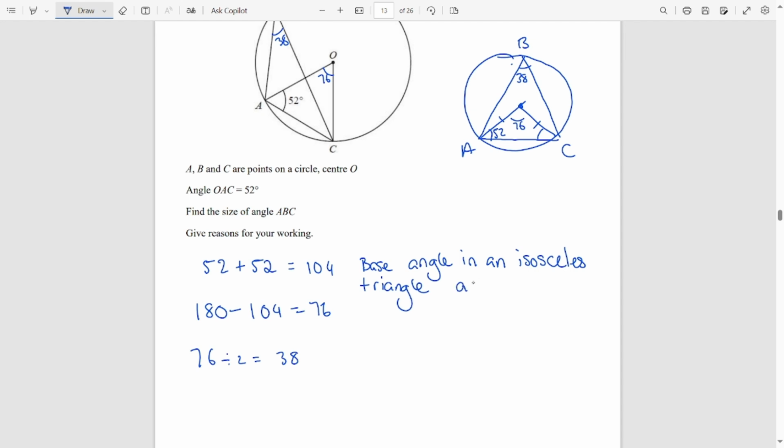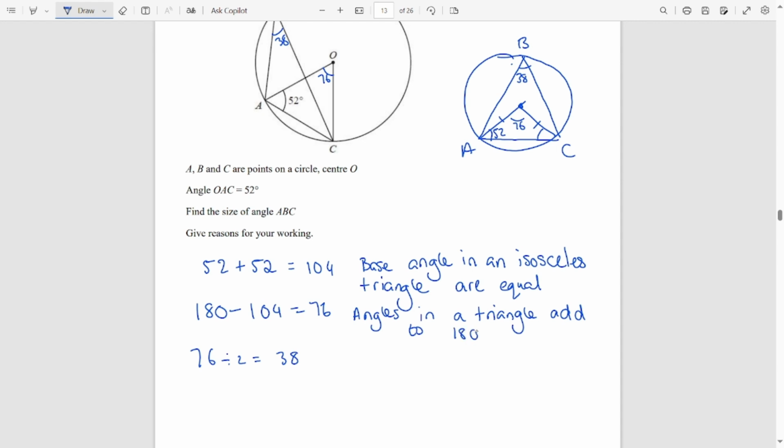Right, that's my first point. And then my second one here, so 180 minus 104 is 76. What I'm using there is angles in a triangle add to 180.